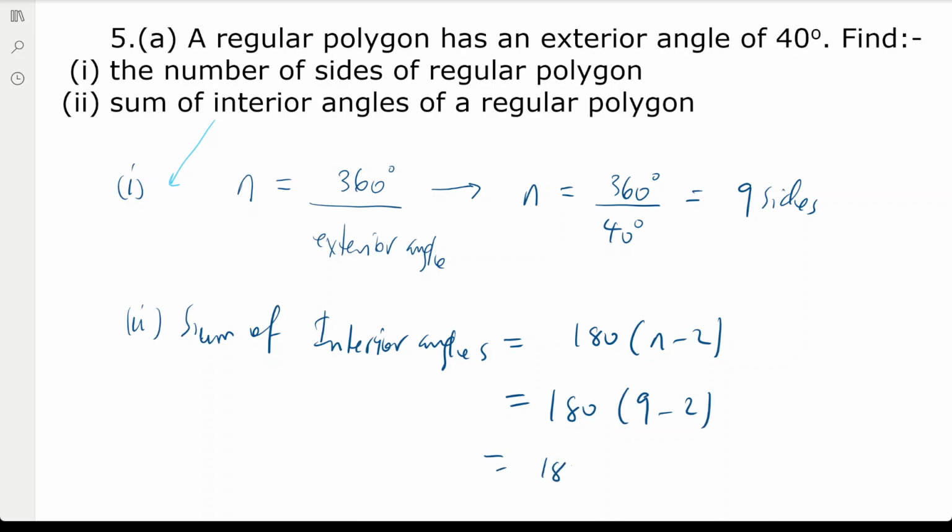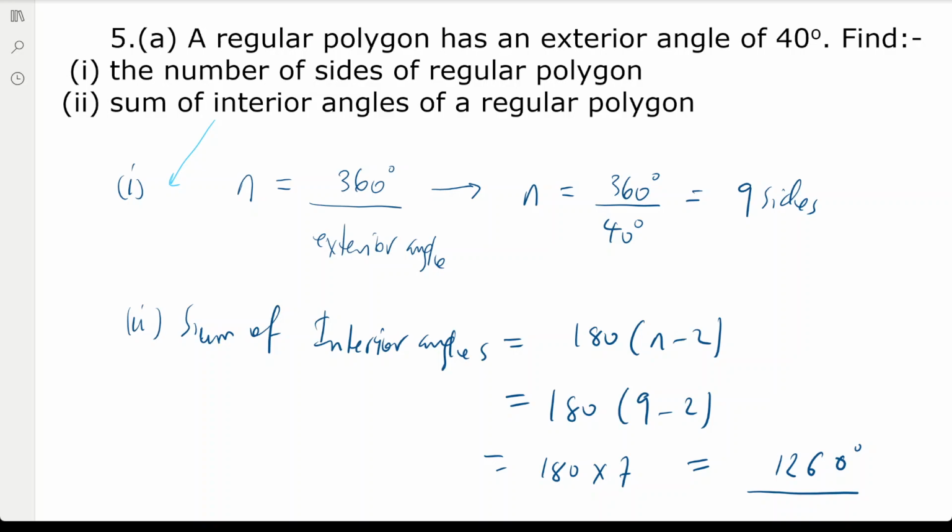It is 180 multiplied by 7. Eventually you'll get 1,260. So the sum of all interior angles of a 9-sided polygon, dear students, is 1,260. This is how we solve this kind of question, and now we'll proceed to question number 5b.